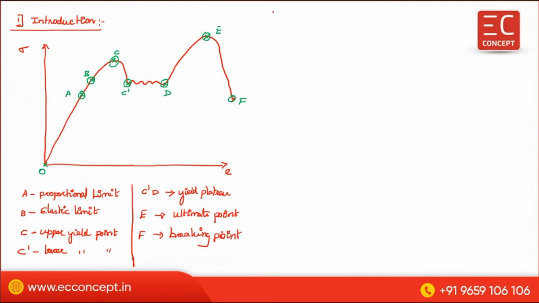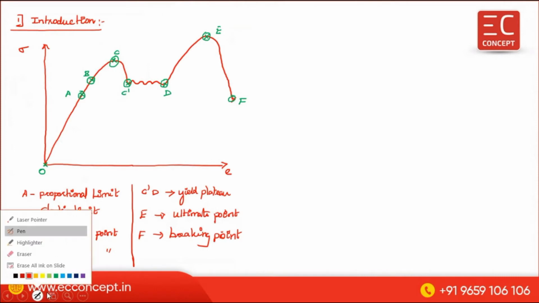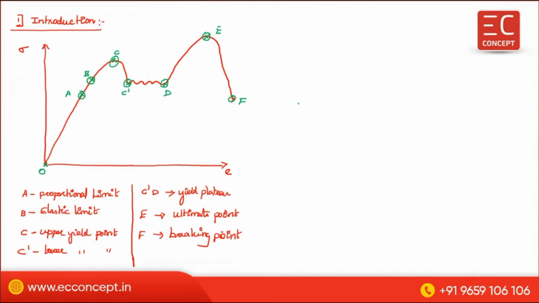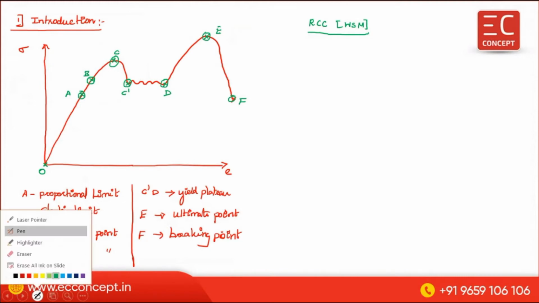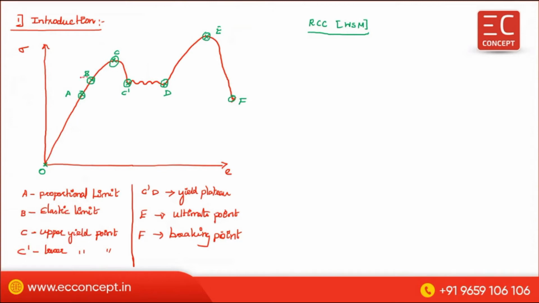See, in the analysis, generally for the working stress method of analysis or the RCC working stress method, we generally consider the steel within the elastic limit. That means we will curtail, and only this portion of the diagram we have taken for our analysis.